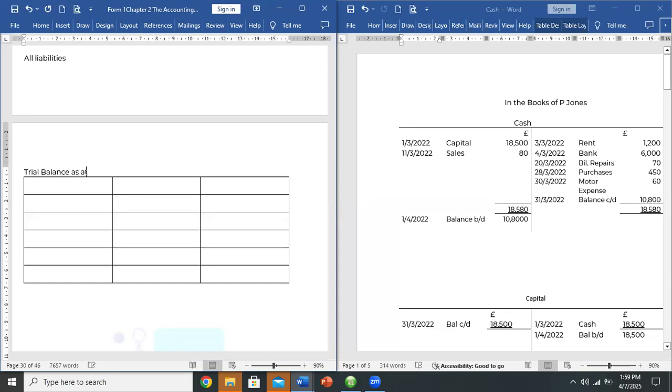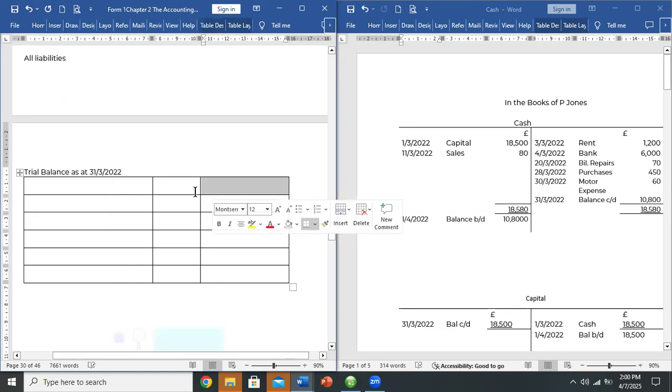For this question, I think the date was 31st March. So as at 31st March 2022, right? Then one column will take the name of the account, and the other one will take the debits, and the other will take the credit.